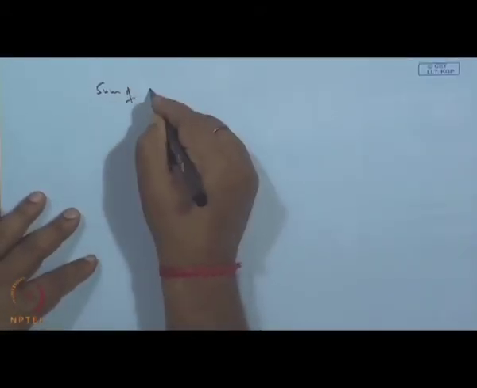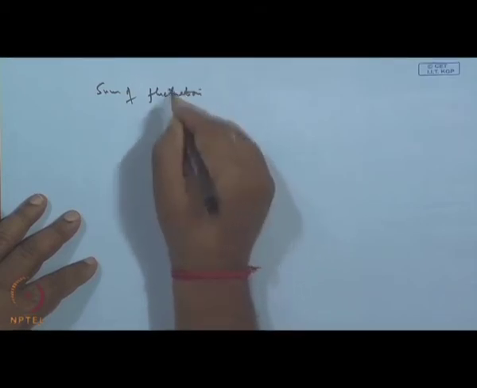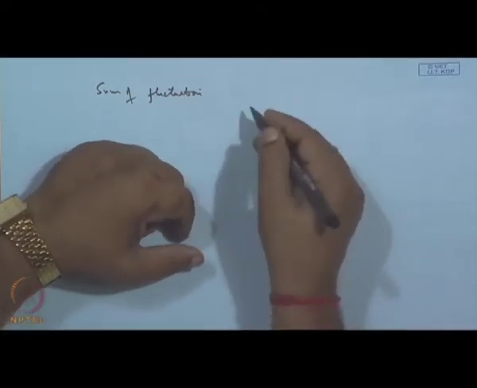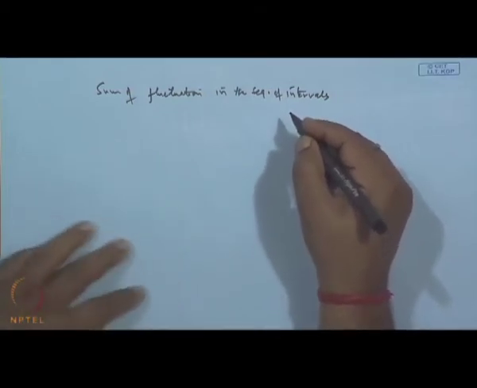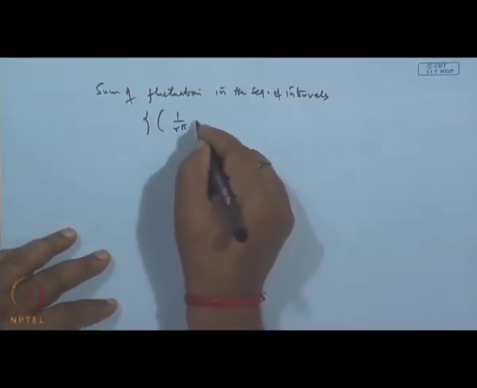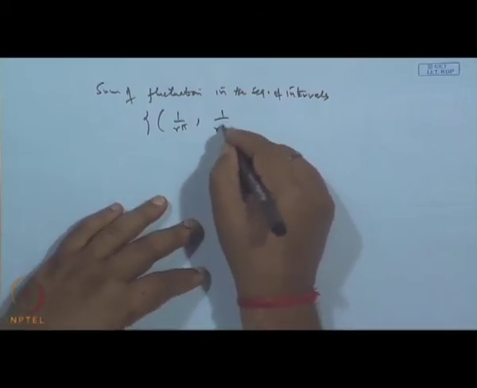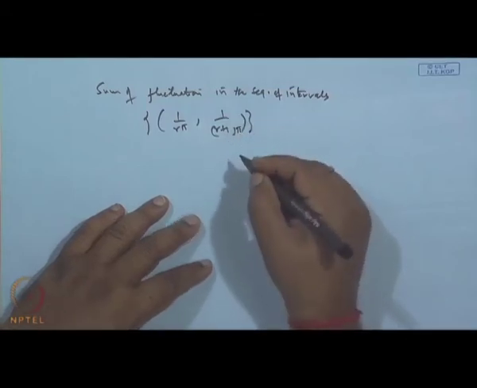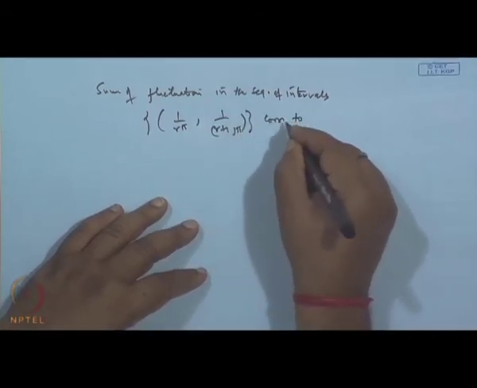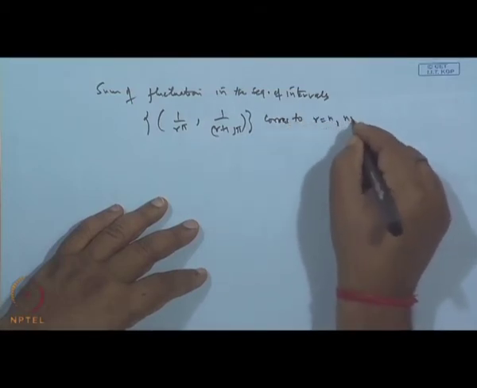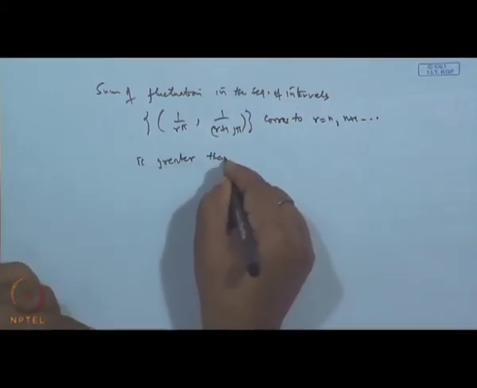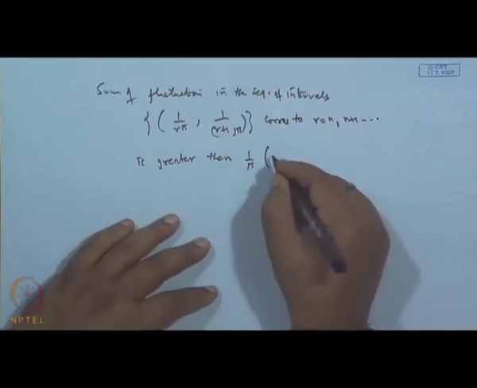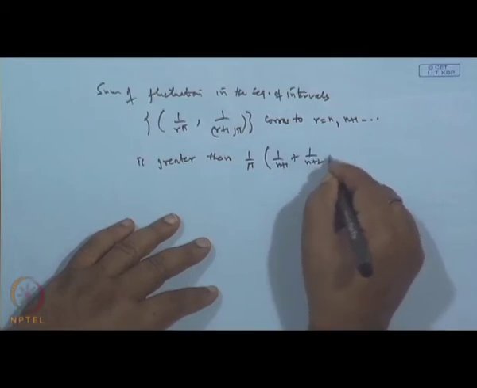Therefore, the sum of the fluctuations in the sequence of intervals, say 1 by r pi to 1 over r plus 1 pi, corresponding to r equal to n, n plus 1 and so on, is greater than 1 by pi times the sum of 1 over n plus 1, 1 over n plus 2 and so on.